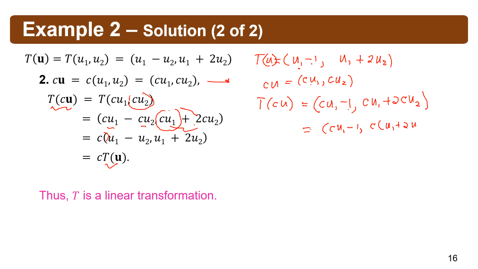But in the first component, the C is no longer common. So you cannot say that this is C times the transformation of U. You cannot apply that one. So this is an example of that transformation.